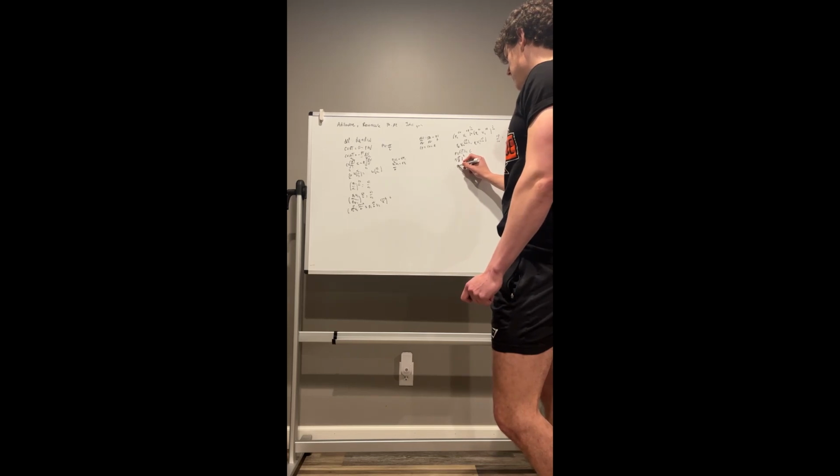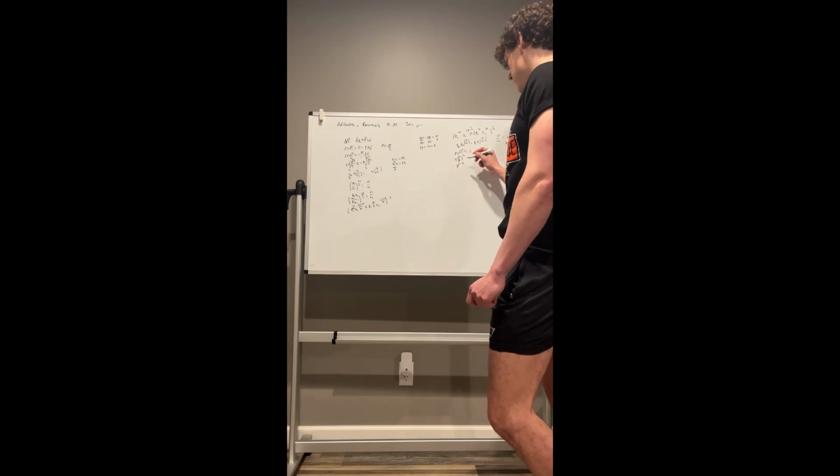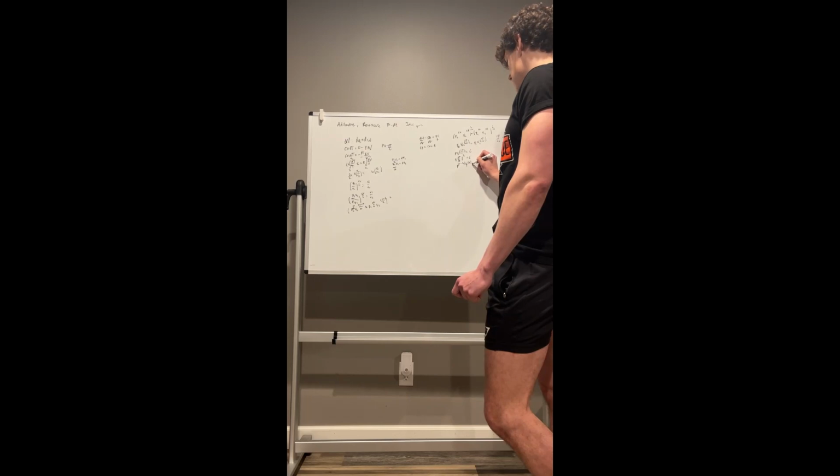So what we end up with is P to the 1 minus K, because of this P to the negative K down here, times T to the K is equal to C.